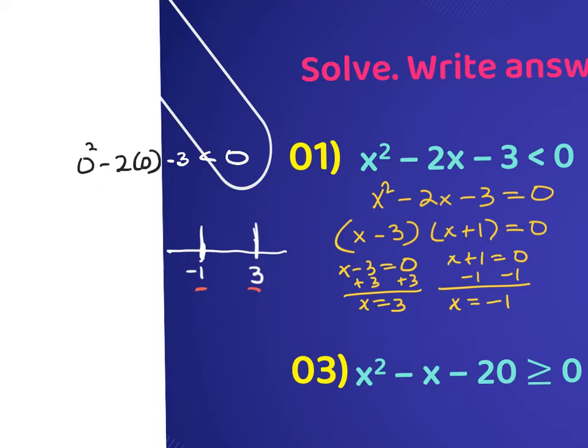I'm going to follow order of operations. The reason why I like plugging in 0 is really this whole part of the equation just becomes 0. So then now I'm left with 0 minus 3 is less than 0. -3, is that less than 0? Yes, it is.